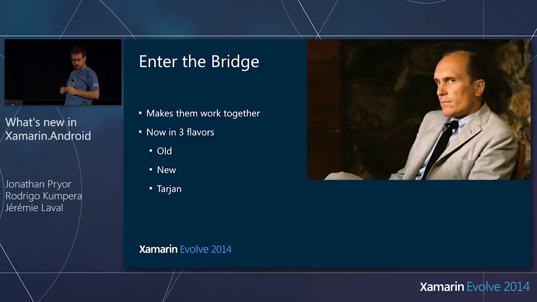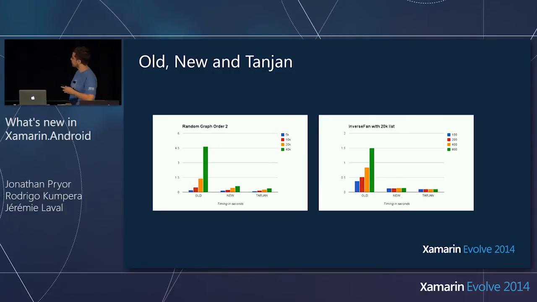And the first thing you'll notice when we get to performance is that it is significantly better. The first test, on the left, is random graph order 2. It's a very simple benchmark. We take thousands of objects and randomly connect them. We just make a mess of it, an object spaghetti, if I may.